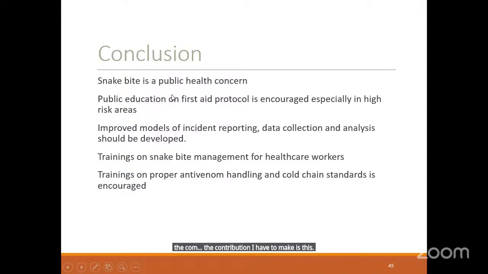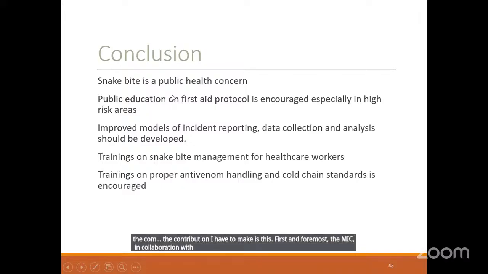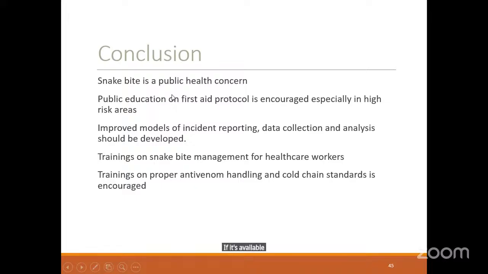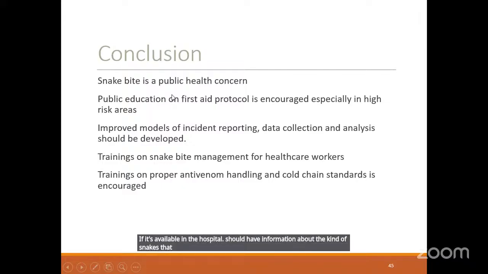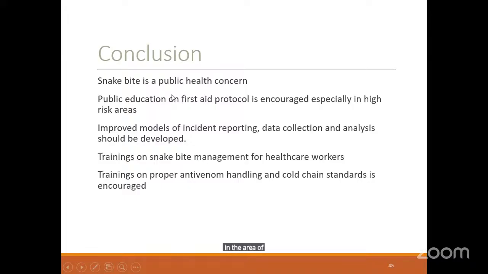First and foremost, the MIC, in collaboration with the Accident and Emergency Pharmacy, if it's available in the hospital, should have information about the kind of snakes that are predominant in the area of practice. This is because Nigeria has a very wide terrain.